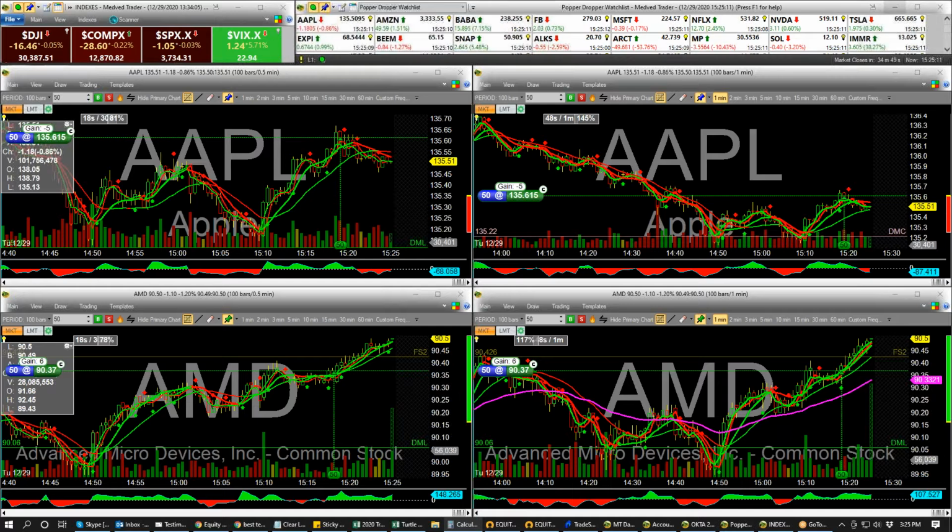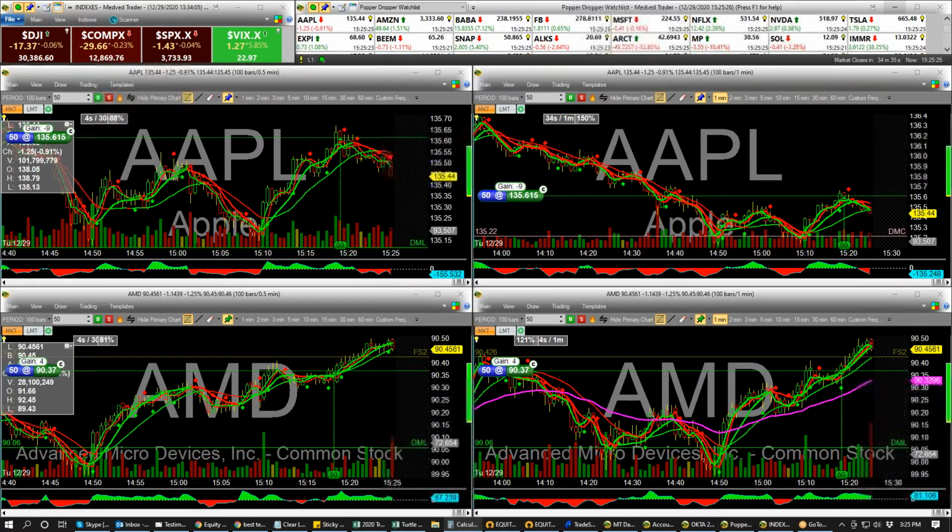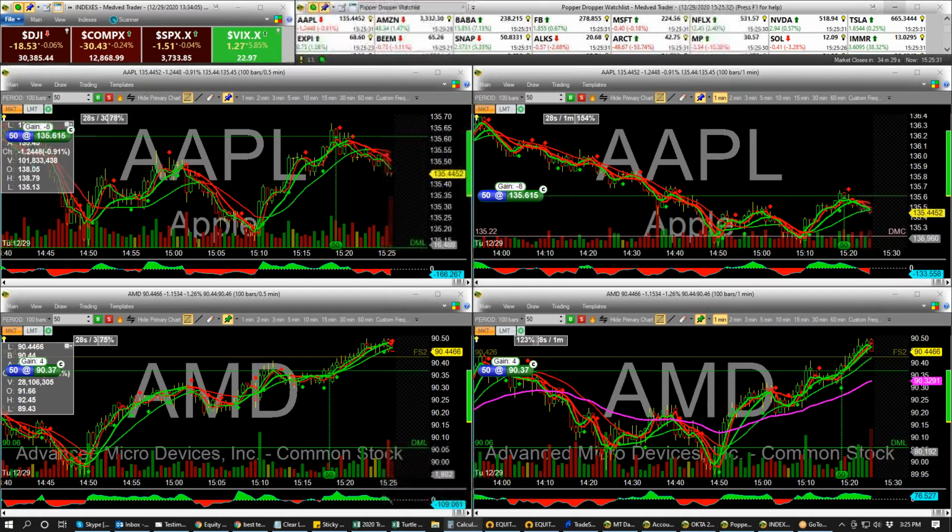The 5, I think, is too close to giving you a fake out. It can be in the green and then roll back down. The 8 tends to be, I think, a little bit better. It's a stronger confirmation. But like I said, everybody's trade style is a little different. So I want your opinions and you test.